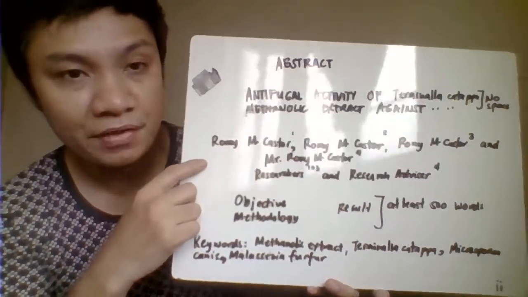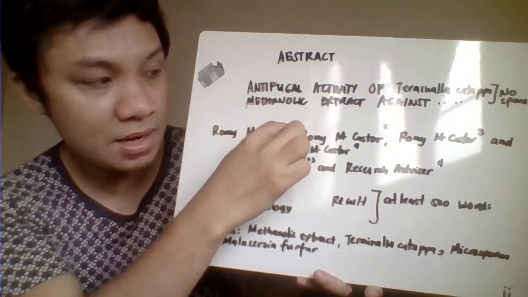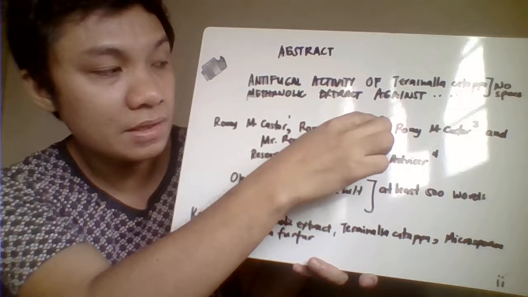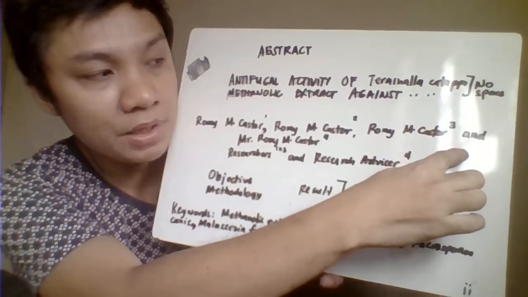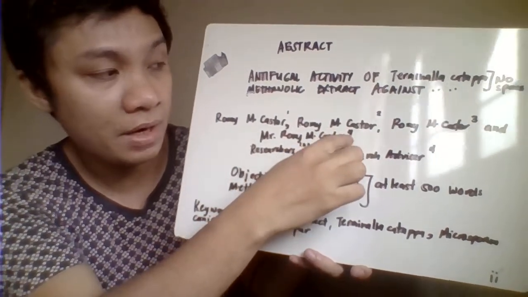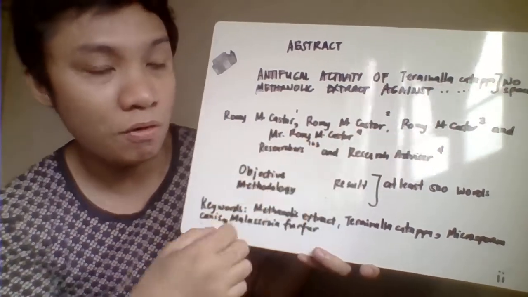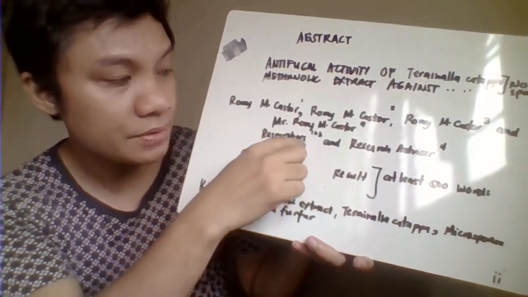Write the names of the members of the group. So like Romy M. Castor, you put number 1 for the first member, Romy M. Castor for the second member, Romy M. Castor for the third, and for the last, you write Mr. Romy M. Castor, number 4. So that pertains to your advisor. Then you write the word researchers, 1, 2, and 3.